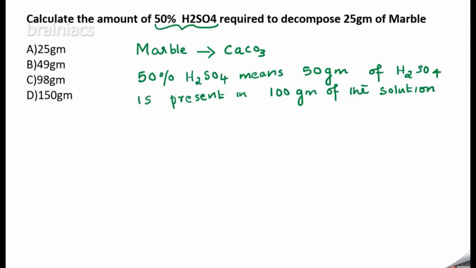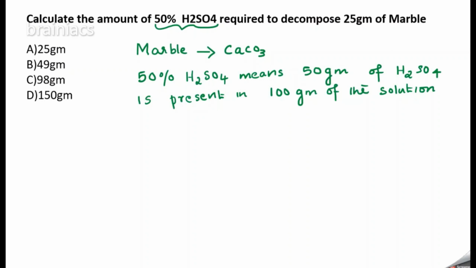Understood? Because 50% H2SO4 means 50 gram of H2SO4 is present in 100 gram of the solution. So they are asking you to calculate the amount of solution which is required to decompose 25 gram of the marble. We will try to understand through a chemical reaction.